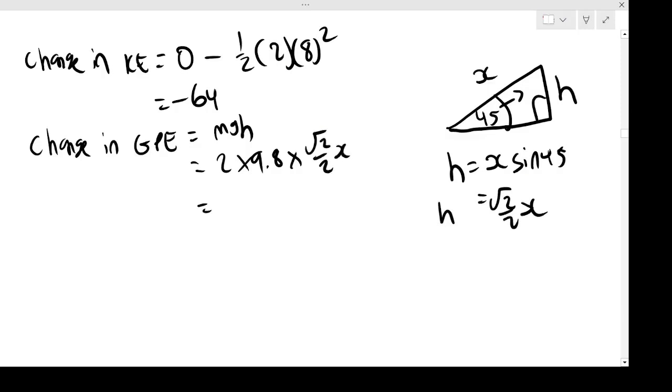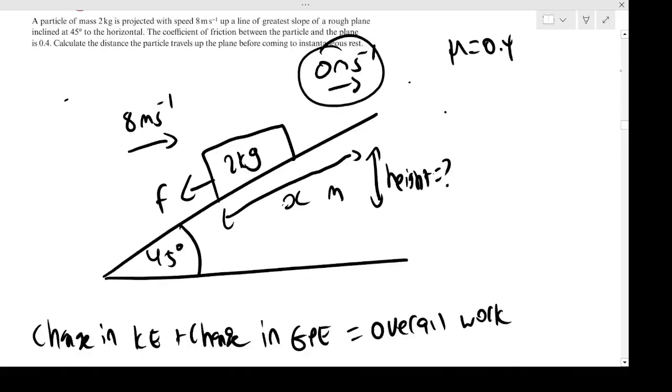If I simplify this, it's going to be 49 root 2 over 5 x, and that's going to be positive because we're going up the slope, right? We're going up, so it's positive because we're going up in height.